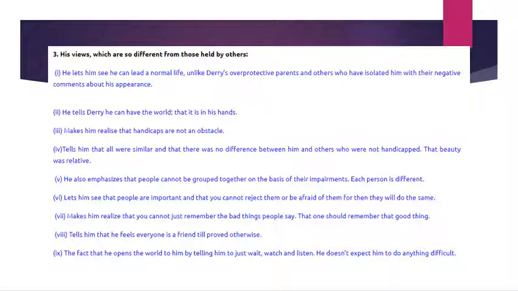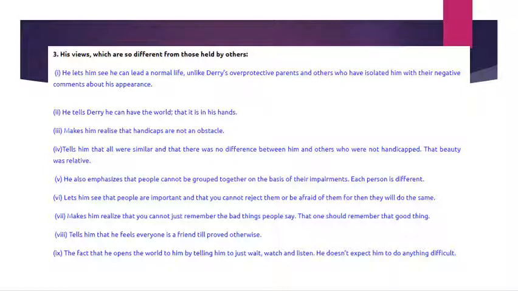He also emphasizes that people cannot be grouped together on the basis of their impairment. Each person is different. He lets him see that people are important and that you cannot reject them or be afraid of them, for then they will do the same. He makes him realize that you cannot just remember the bad things people say; one should remember the good things.